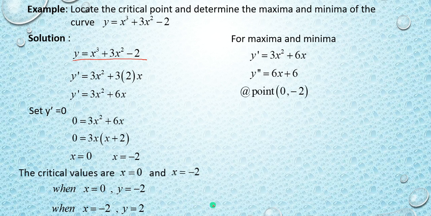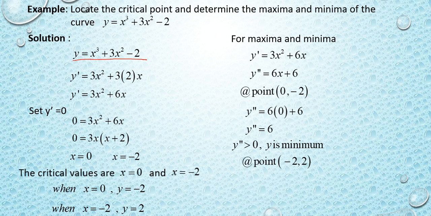And at point 0 and negative 2, we plug the value of x into the second derivative. So we have y double prime equals 6. It indicates that y double prime is greater than 0, y is minimum.